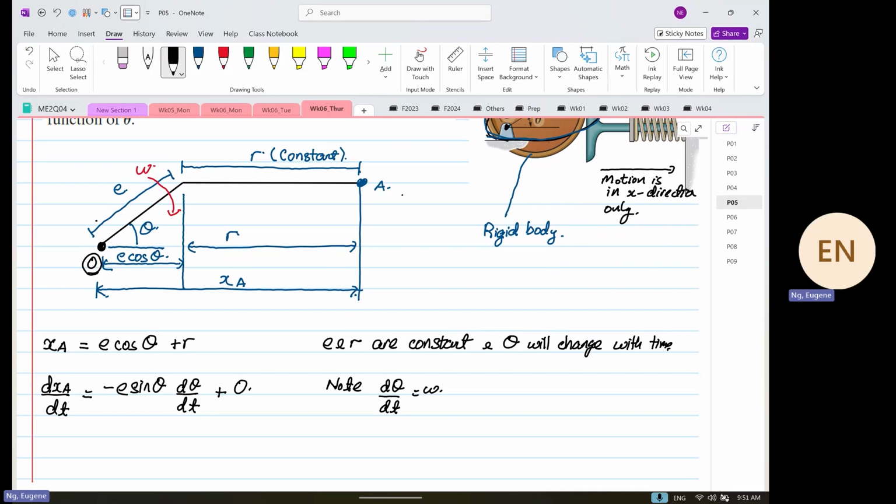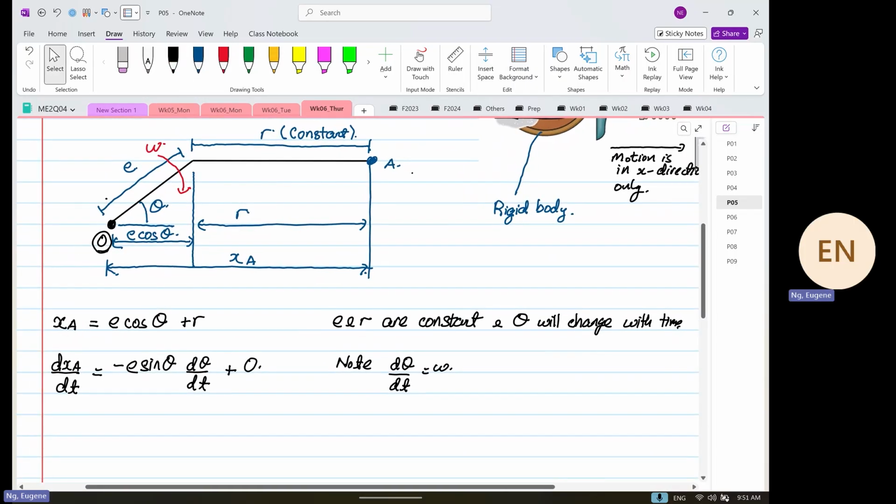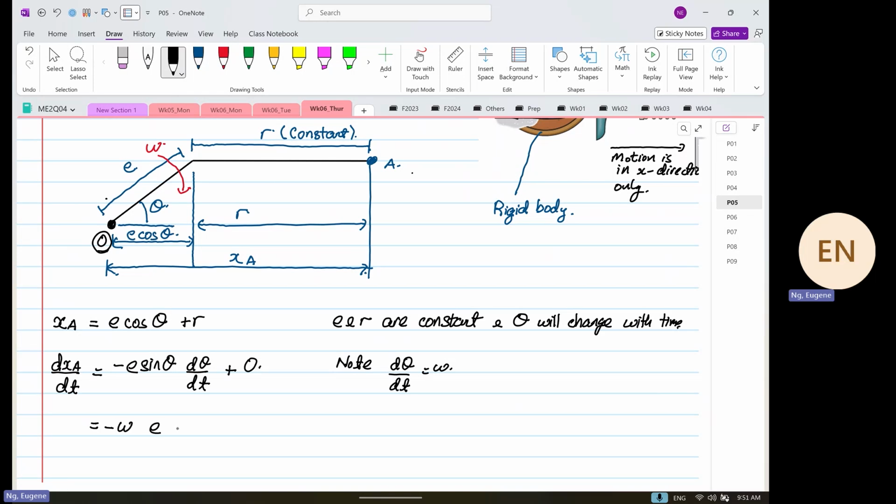Omega again. Okay, it happens to be our omega. So from here, we have our velocity. This will be equal to minus omega E sine theta.